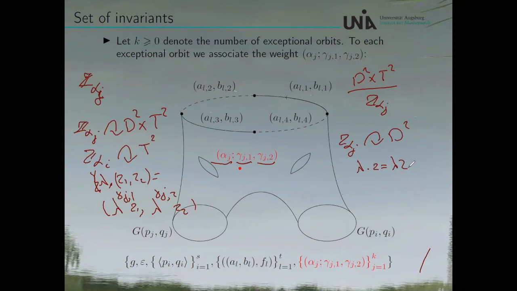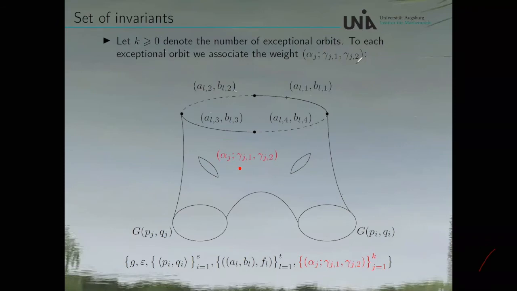Note that we normalize the action such that here the power is 1, and we can always do that. The important point is that these weights completely determine the action of Z alpha j on D2 times T2.